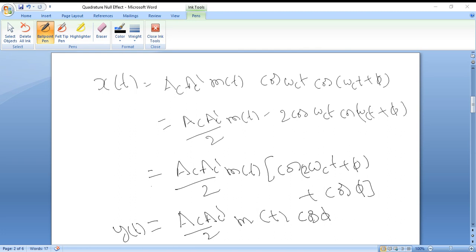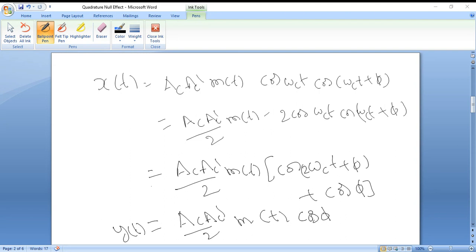This quadrature null effect can be avoided by a number of approaches. We have three techniques primarily: the pilot carrier method, Costas loop, and squaring loop. These three techniques are called carrier recovery circuits. Why carrier recovery circuits? Why the problem? The problem of quadrature null effect is occurring because of the carrier signal having some difference, some deviation.